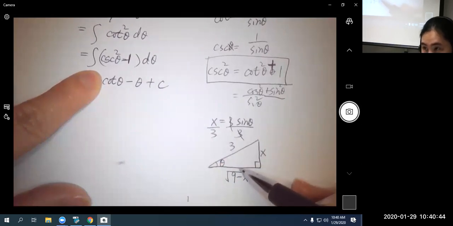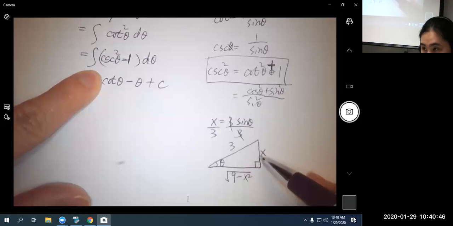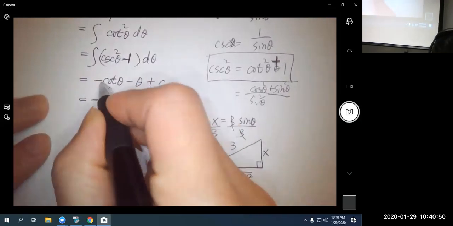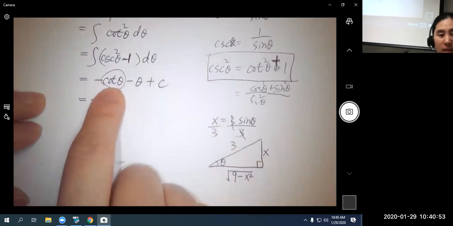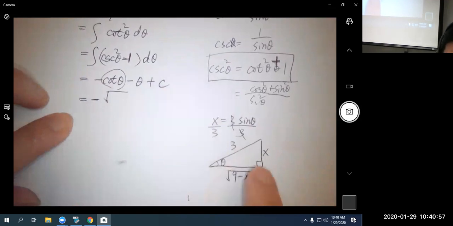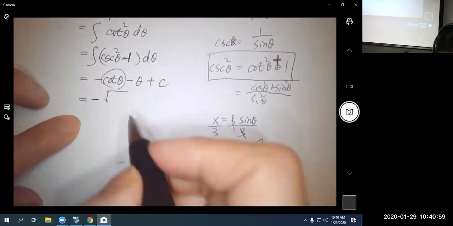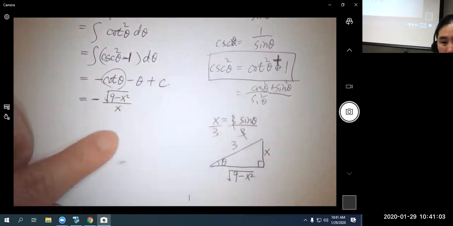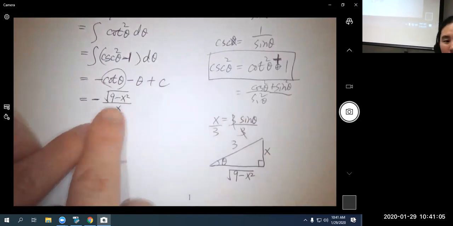So cotangent is adjacent divided by opposite. So cotangent theta is the square root of 9 minus x squared, divided by x.